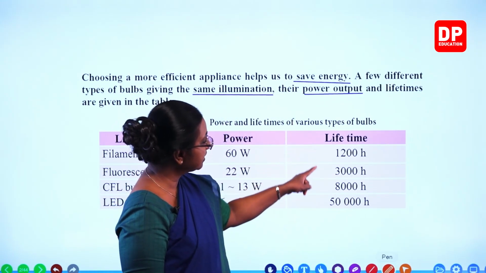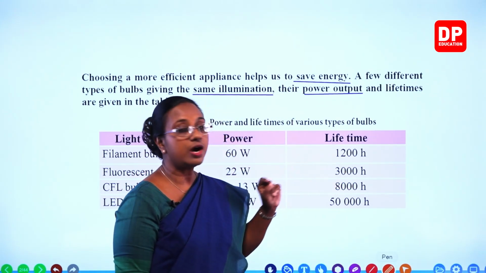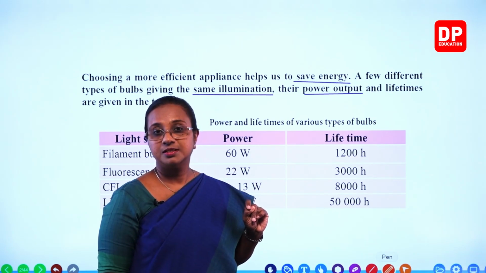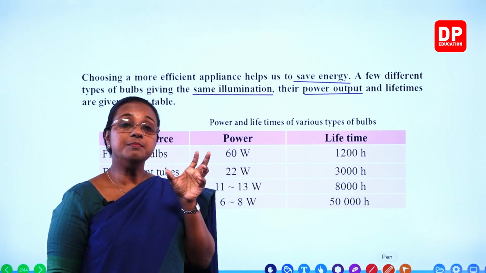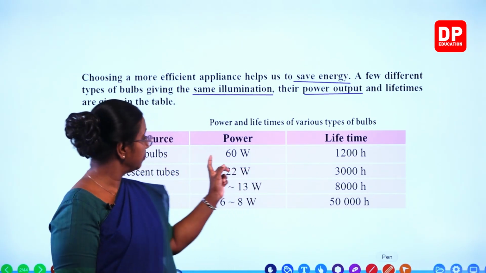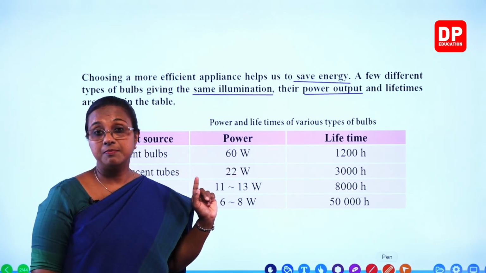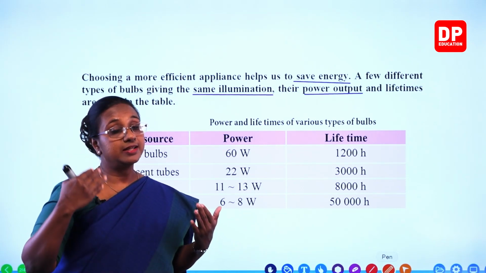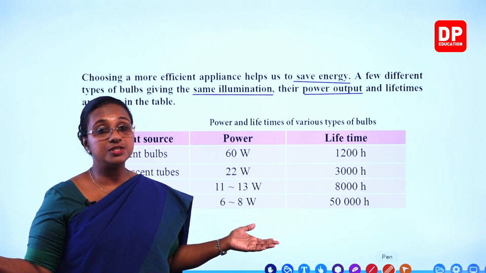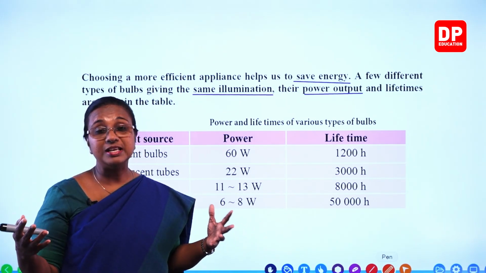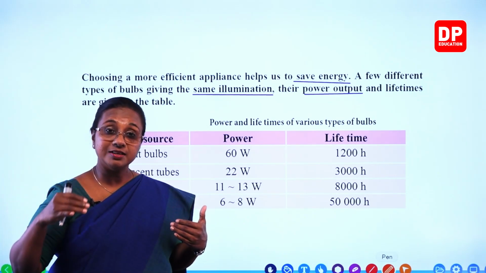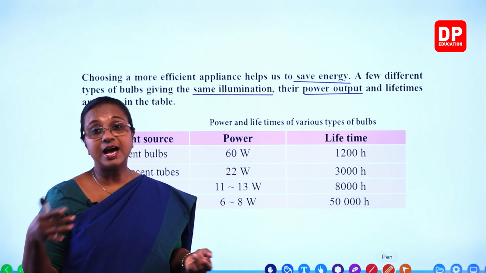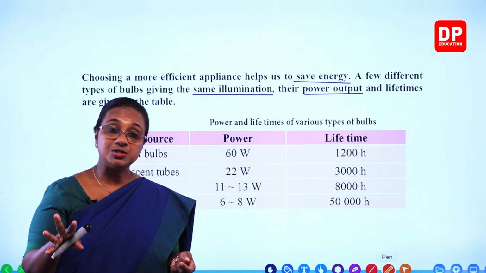Now here you can see lifetime, 1200 hours. So that is the maximum time you can use this particular filament bulb, 1200 hours. You can either continuously light it for 1200 hours, but normally we switch it on during the night time or when it is dark, then we switch it off.